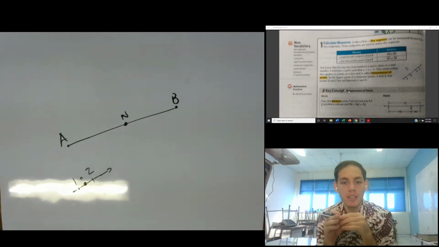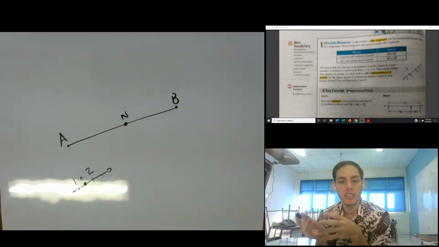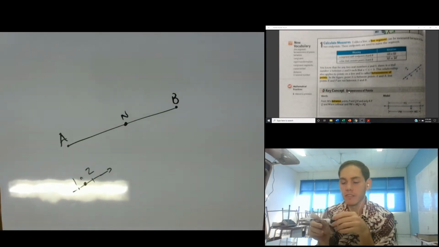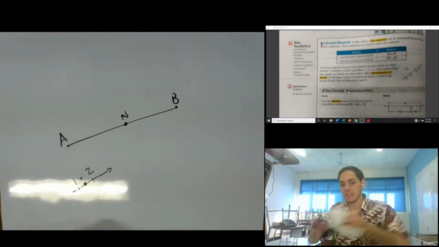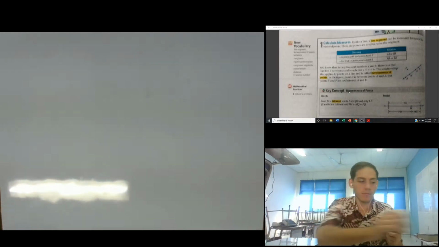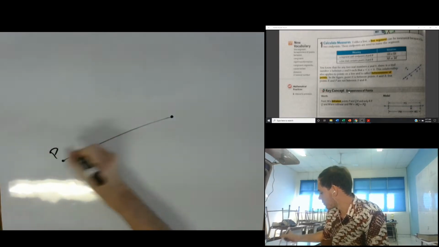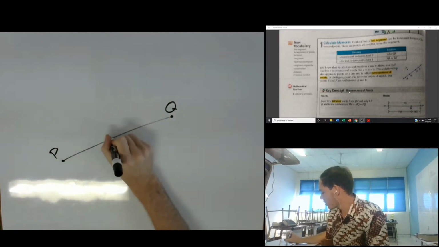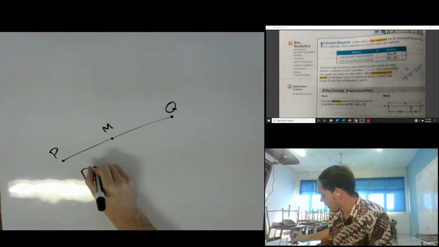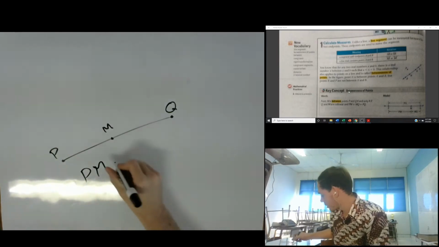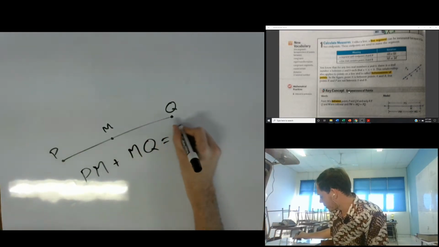Okay, so point M in our key concept, point M is between P and Q if and only if, so let's write this out. Basically, we have, let's say, a line segment, and you have P and Q. There is a point M between them if and only if PM, so the length PM, plus MQ equals PQ.